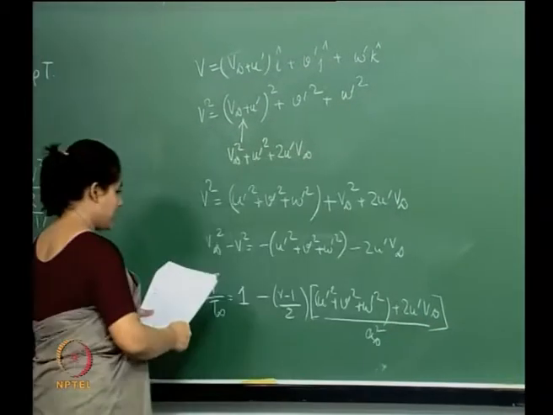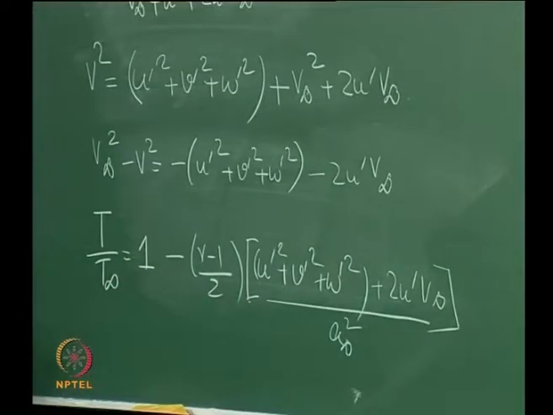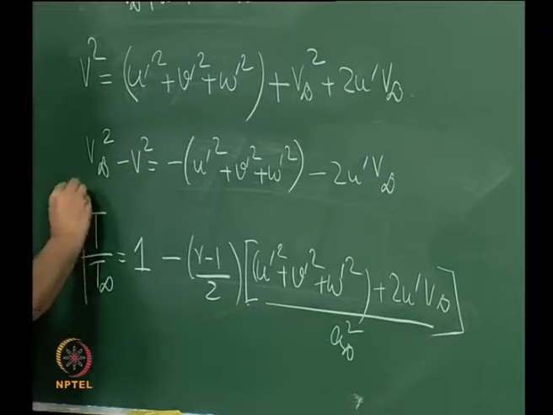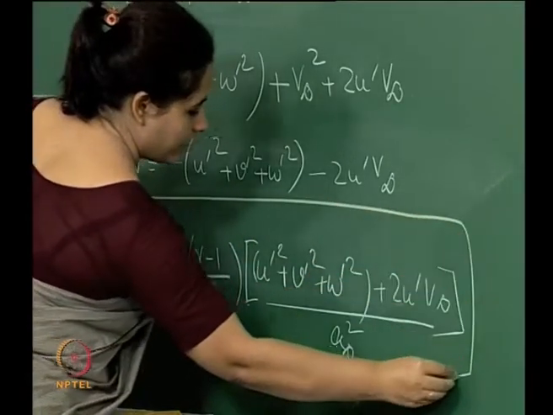So this is what we get as T by T infinity.